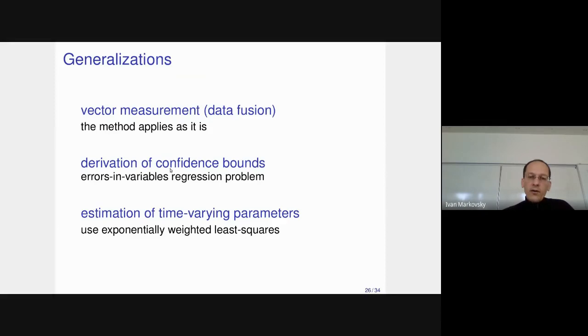We can derive confidence bounds, which is very useful when we do estimation with noise, so that we can forecast not only the point estimate, but also its uncertainty. And finally, we can generalize this to time-varying parameter measurements by simple replacement of the weighted least squares problem with exponentially weighted least squares, which discounts past data.